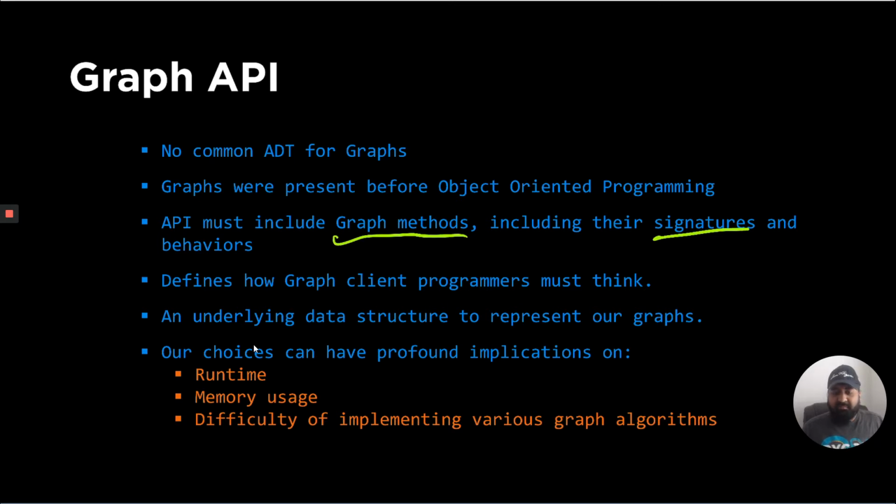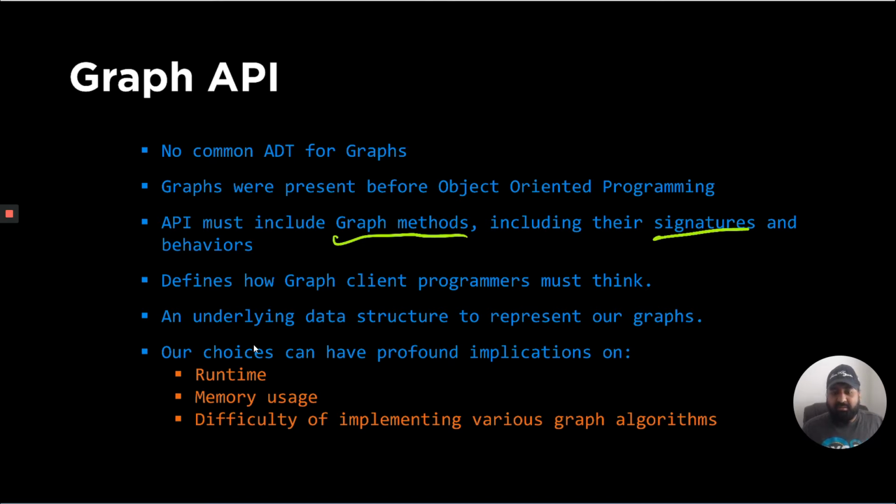We are also consciously making choices about an underlying data structure which can be used to represent the graphs. There could be multiple data structures we can use: vectors, maps, arrays. We need to think about it carefully when using a particular data structure because our choices can have profound implications on the runtime, which is the time complexity, as well as the space complexity.